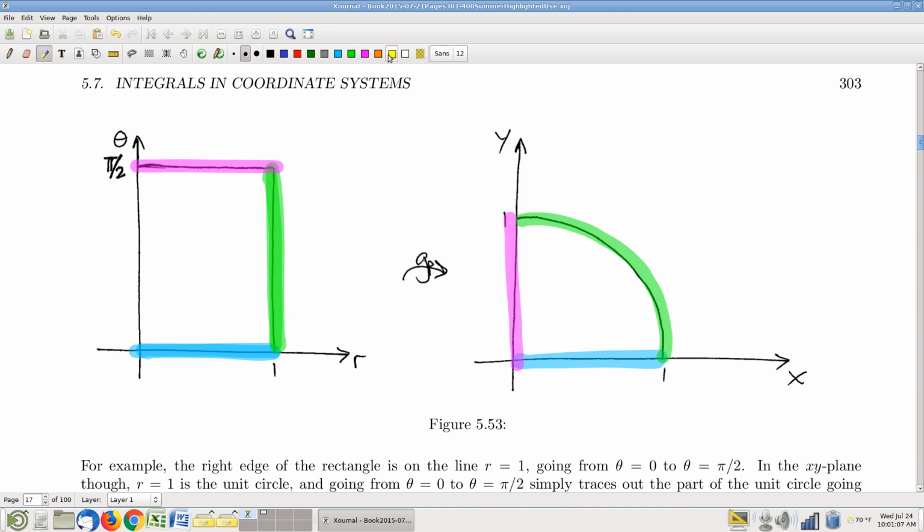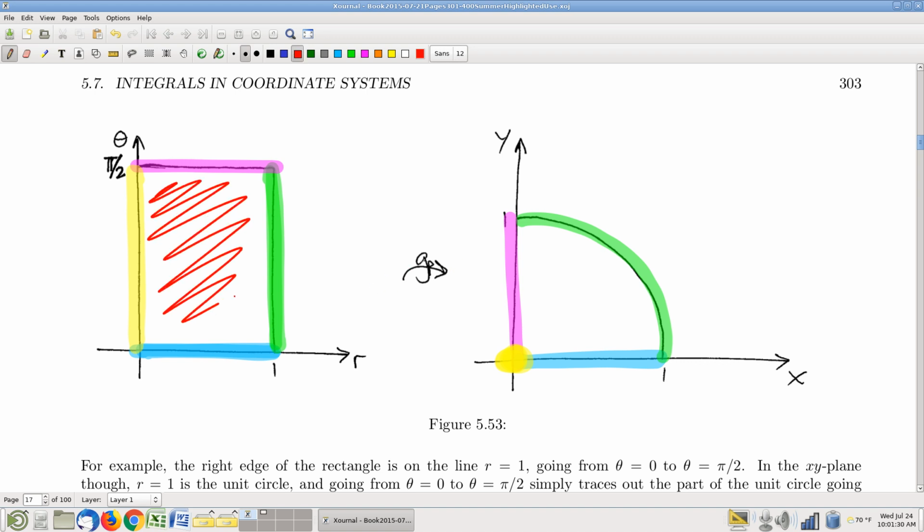And this whole edge here is on the line where r is equal to 0, on that entire line. And with r equaling 0, it doesn't really matter what theta is doing. So that whole edge pinches down like so. And so this polar coordinates change of variables function takes this rectangle and gives as its image that quarter disk.